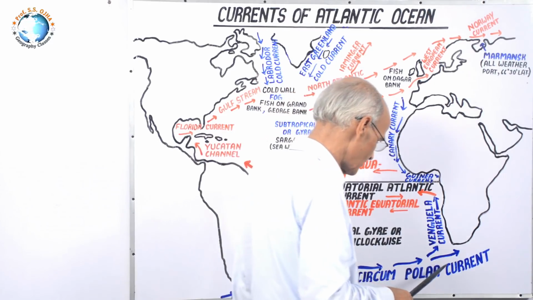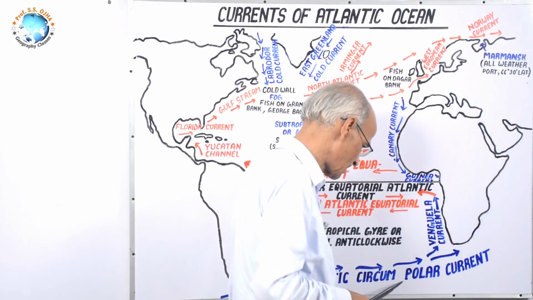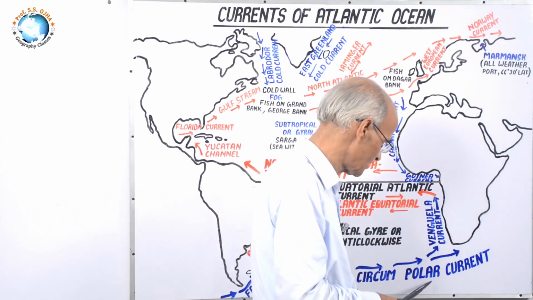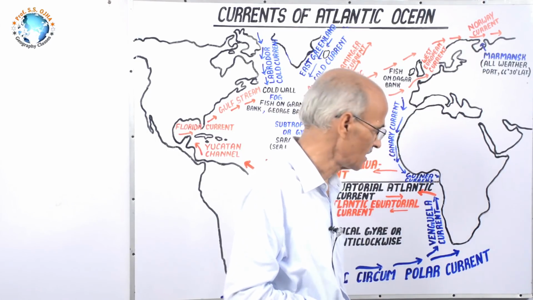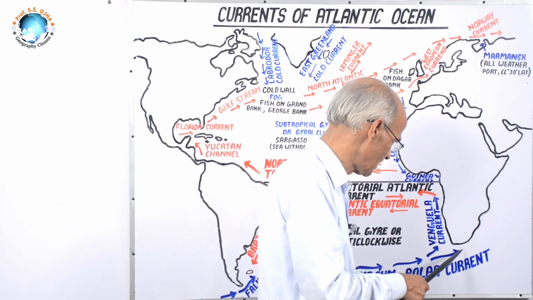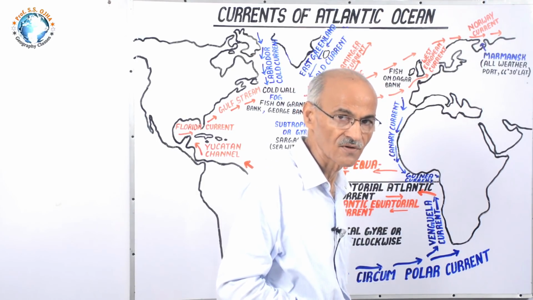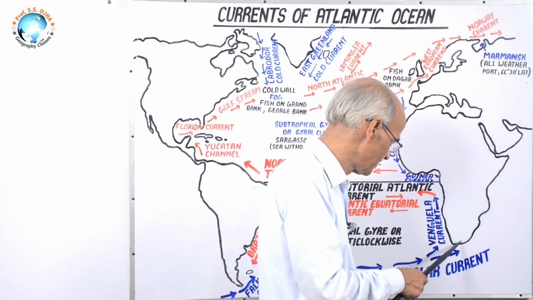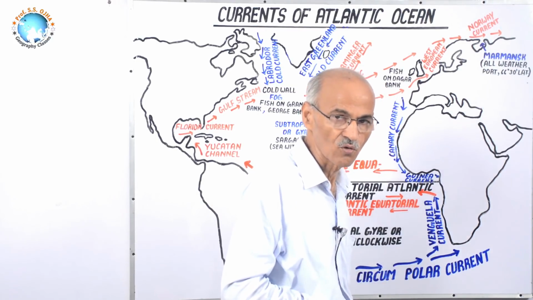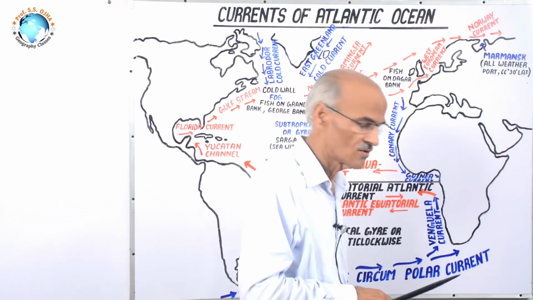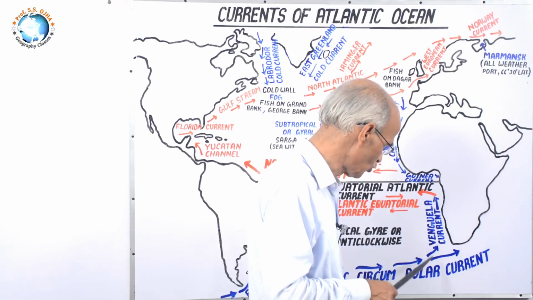Here, one thing more is that this Antarctica cold current flows to the east and enters the Indian Ocean, and here it is called the Agulhas current, named after Agulhas Cape. Here is a meteor seamount and other oceanic topography which are relatively high and divide this current in two parts.